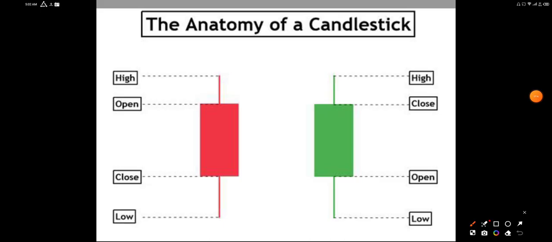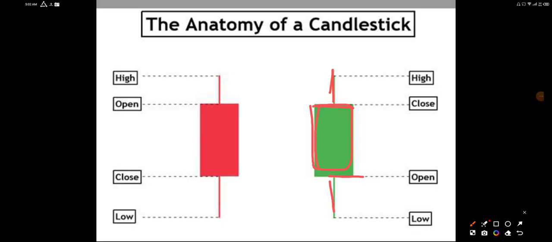So let's say you're looking at it in the 1 hour time frame, because you have time frame in your trading view, and I'll show you that as we go back to the chart. Let's say you're looking at it in the 1 hour time frame. This part of your candlestick is called the body. This part of your candlestick that just looks like a line is called the wick. Take note.